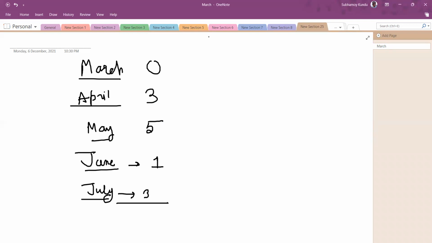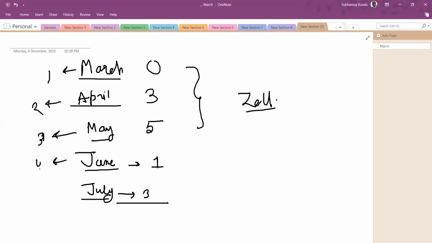Now this relationship has been explained by Christian Zeller. That's why it's called Zeller congruency. The relationship is for month 1, month 2, month 3, month 4, month 5. Christian Zeller has made it very easy for us.